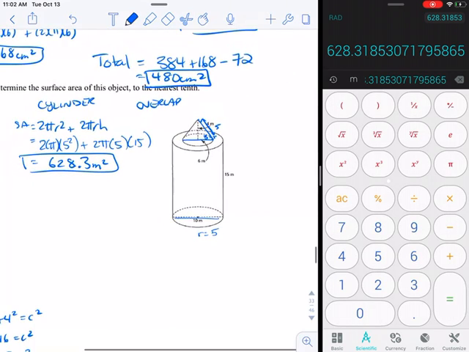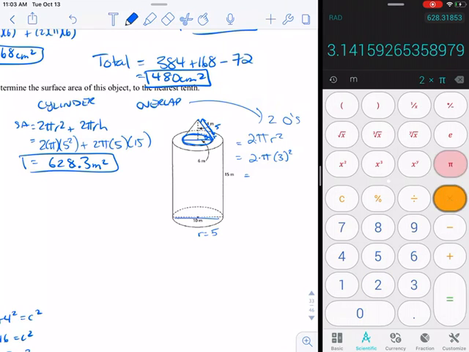The overlap is 2 circles. So pi r squared times 2. And it's that circle there. The radius was 3, so 2 times pi times 3 squared is the overlap. So 56.5.